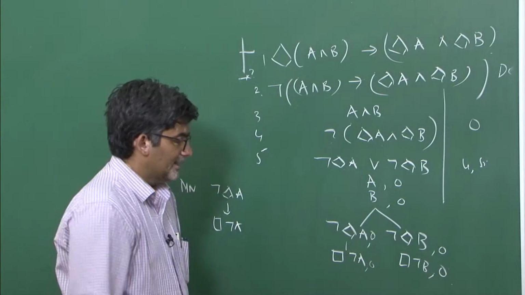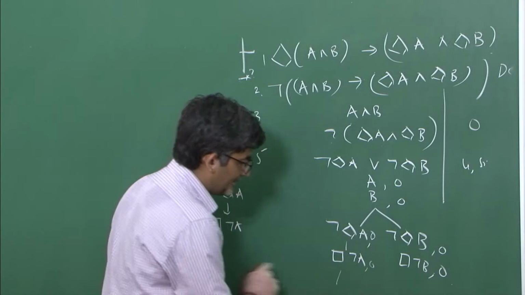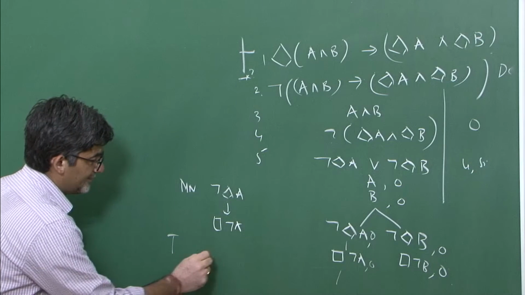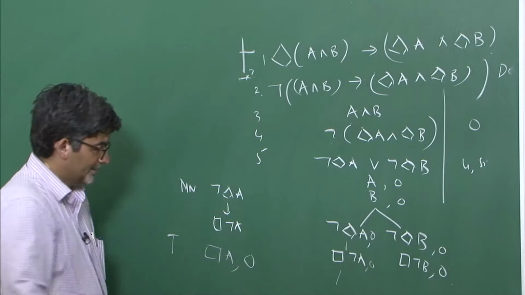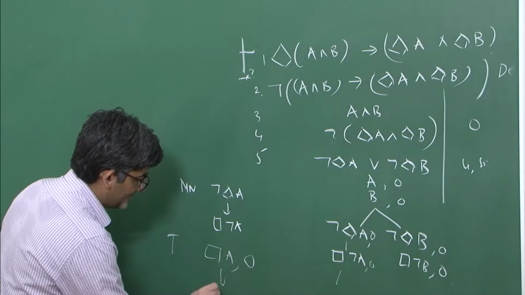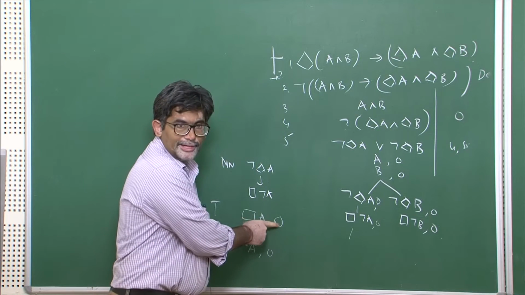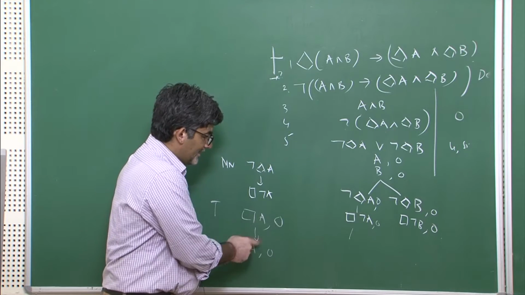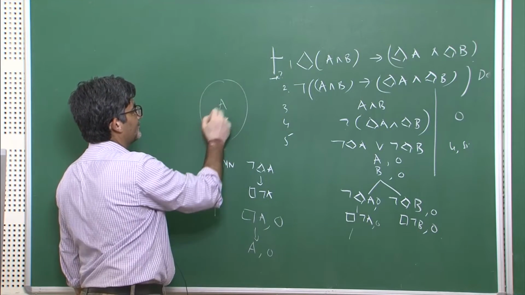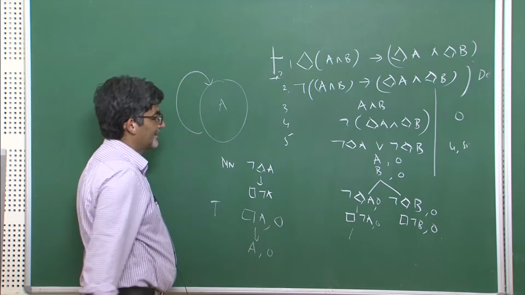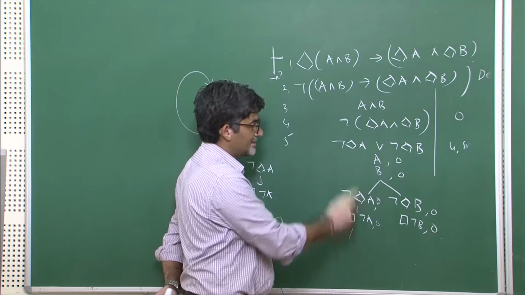So unless there is a T rule which tells us that if a formula is true in a world 0, then we can straight away replace it with A 0. That means necessity of A in 0 means A is true in that world itself. That means you require some kind of reflexive relation here. So once you apply the T rule, only then this closes.